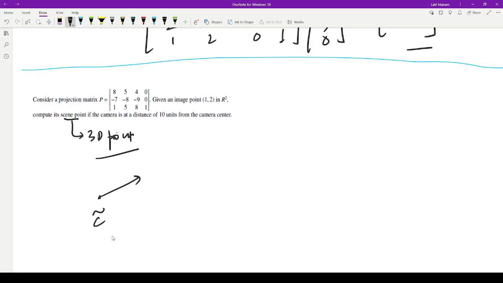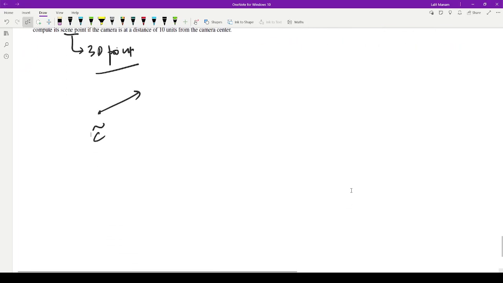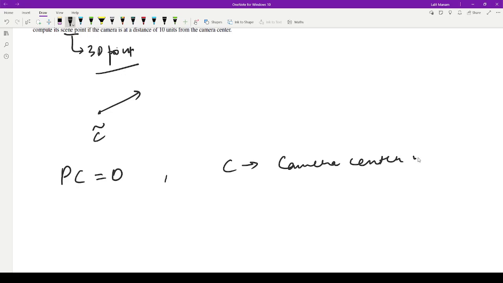And this direction vector, we can get it from the projection. How do we get it? We'll first compute the starting point. We know that PC equals 0, where C is the camera center in homogeneous coordinates. Since C is a singular point, P into C should be 0.